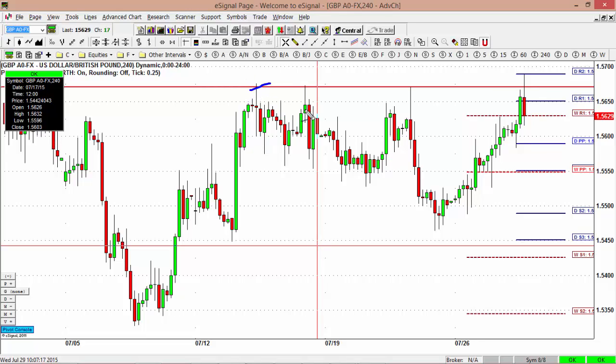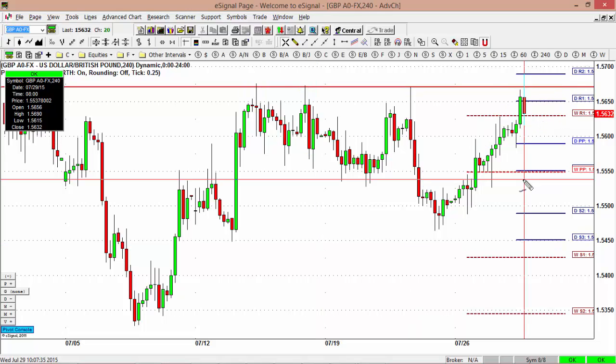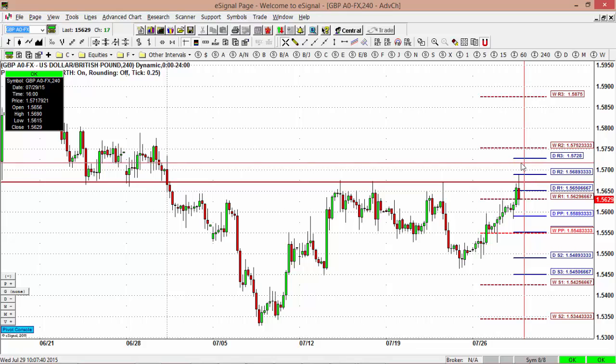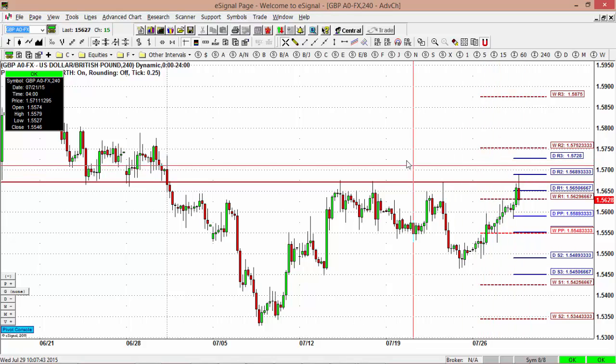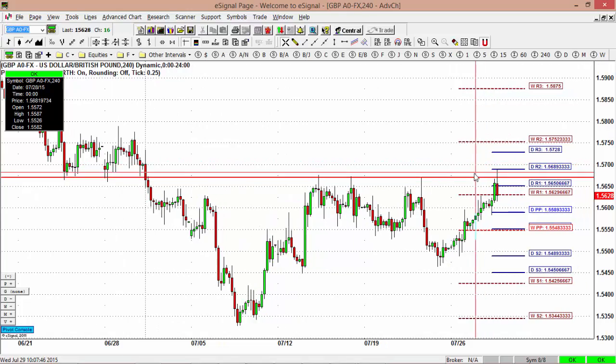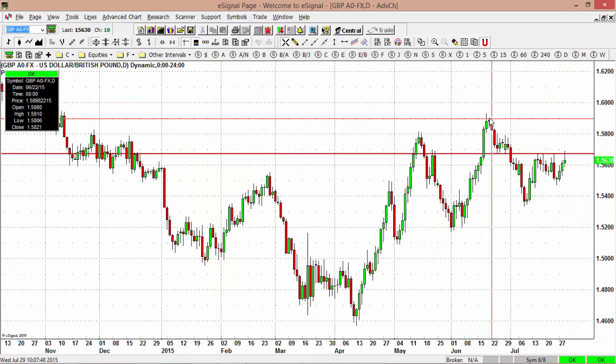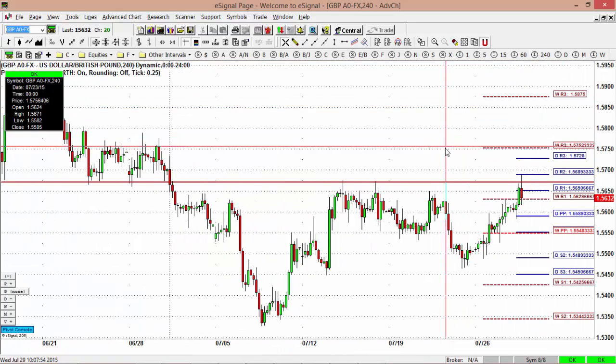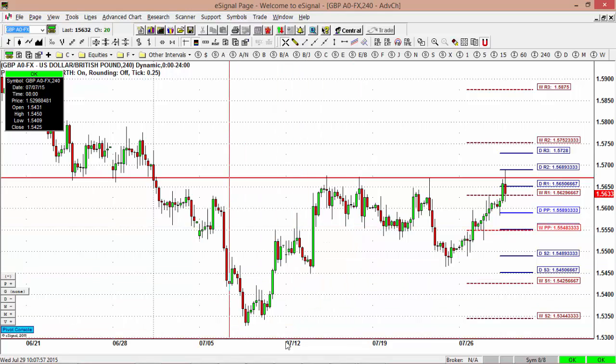We see the market backed off once, backed off again, and now the market approached it again and is backing off again. That does not mean that the market cannot recover and then trade through it. All that means to us is that there is some supply up at this level. That means there are some sell orders being filled at this level, and the market just cannot seem to overcome it at this point in time. The market may overcome it, but it's just not doing it right now.